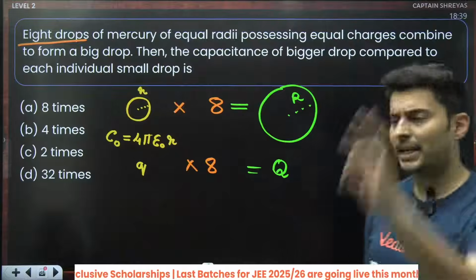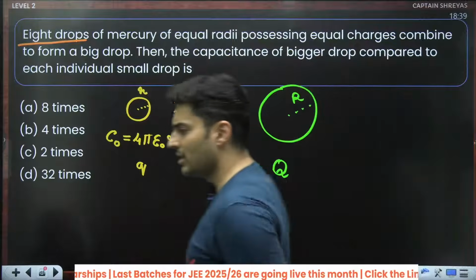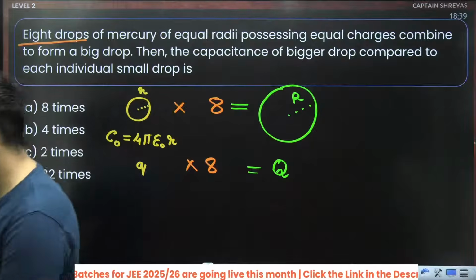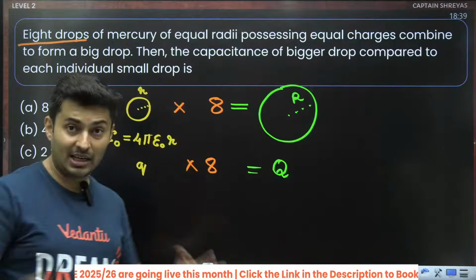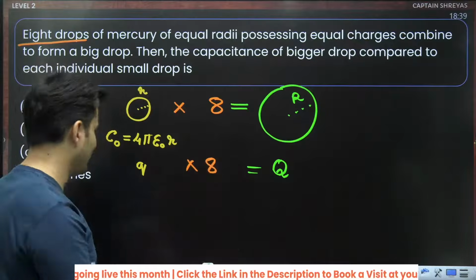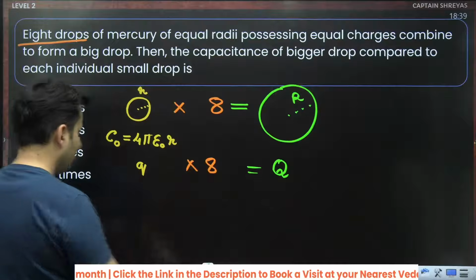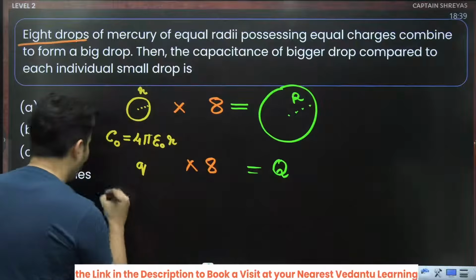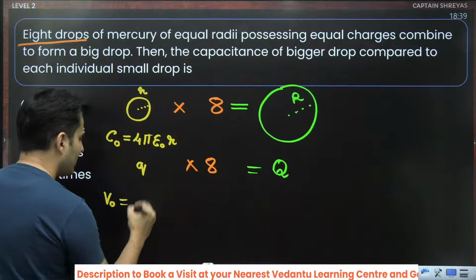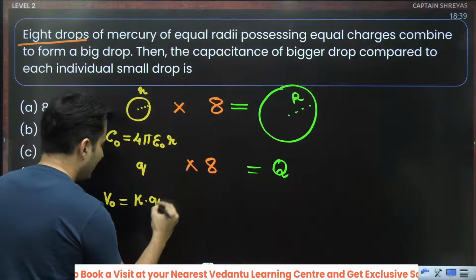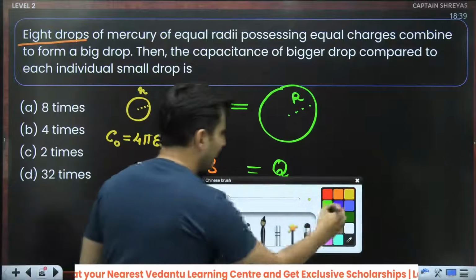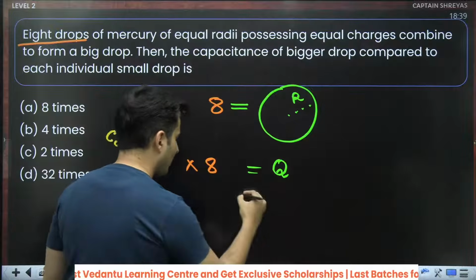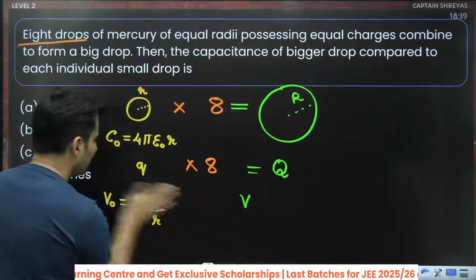What about the voltage? What about the potential? Will the potential remain the same? No, right? Potential will also change. I know it is not asked, but in case it was asked, think about it. Original voltage will be K small q divided by small r. The final voltage, or don't even have to do this.